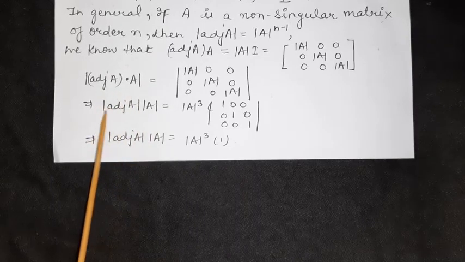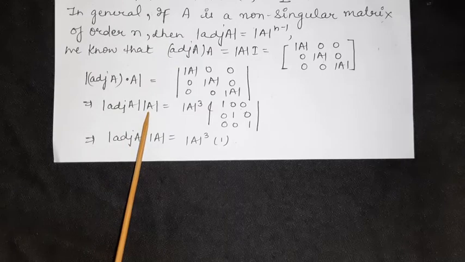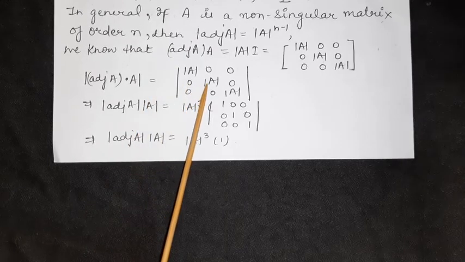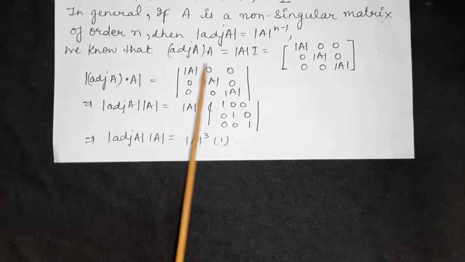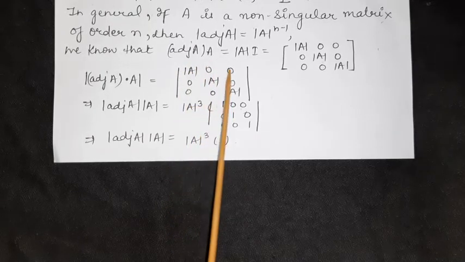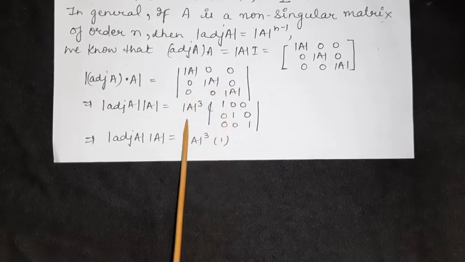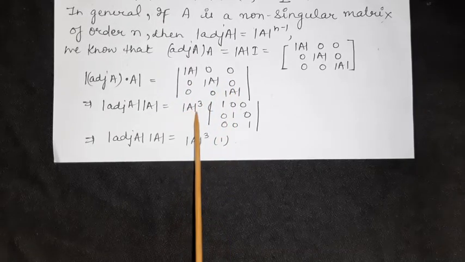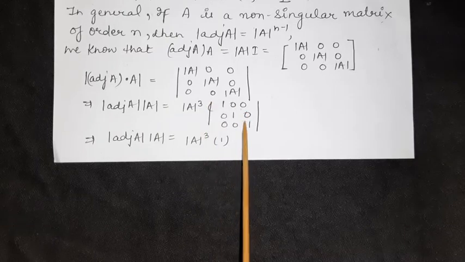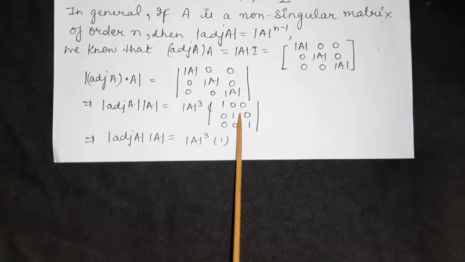So this will be the determinant of adjoint A into the determinant of A, and we can take out this determinant of A common from this determinant. It is present in R1 one time, and it's present in R2 as well as in R3, so it will come out, and it will become the determinant of A raised to the power 3, and inside we will have identity.